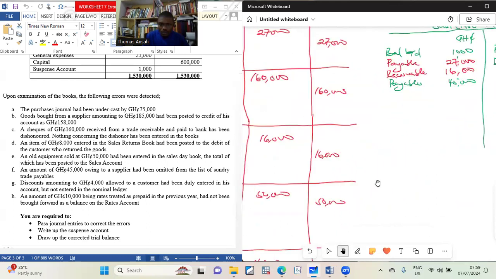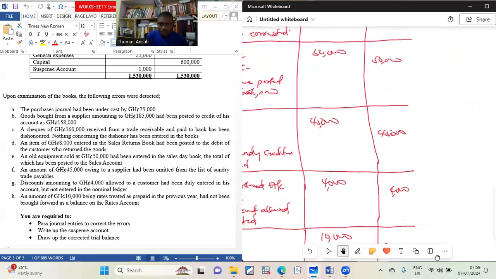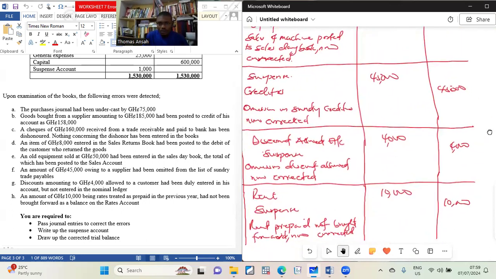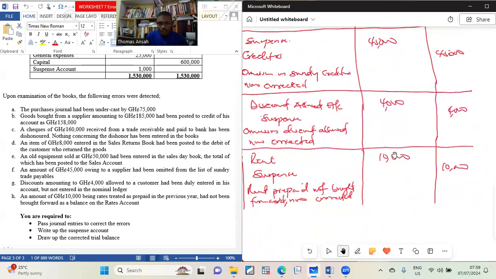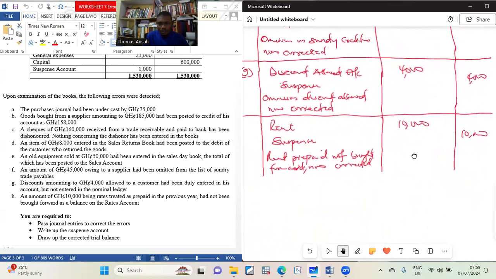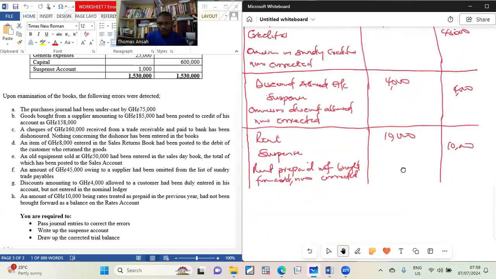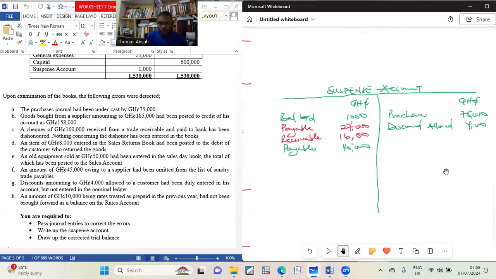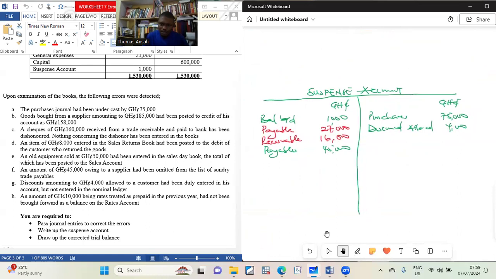Where next? Have I overjumped? We've done this, we've done this. Then the last one is 10,000, rent, suspense, credit. So you see that there is a 9 that will be hanging. If you check this one, this will give you 3. Yes, it will balance. Was it rent or rates?